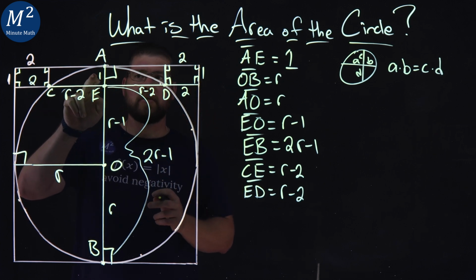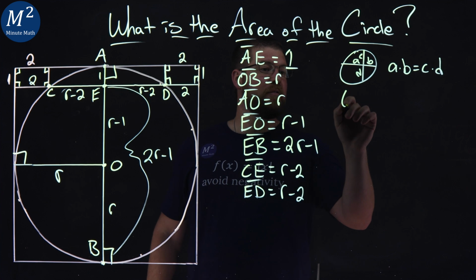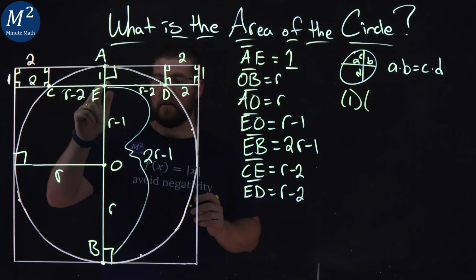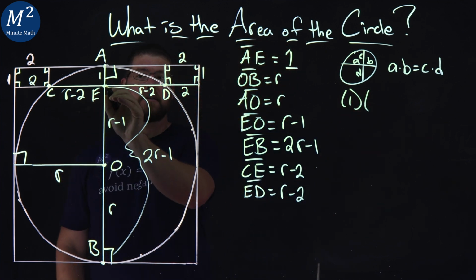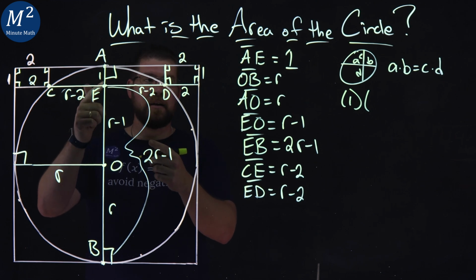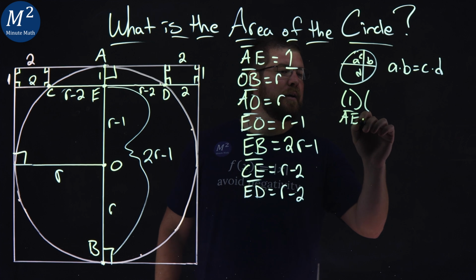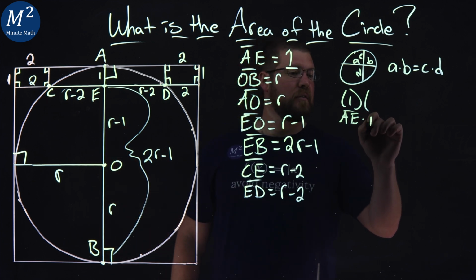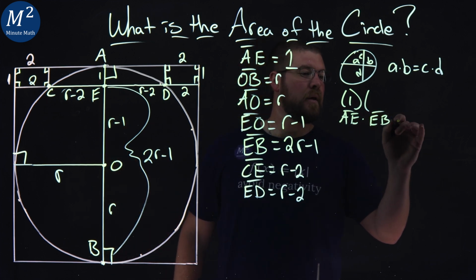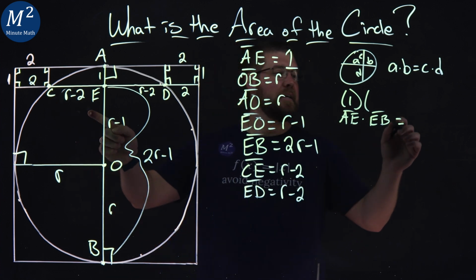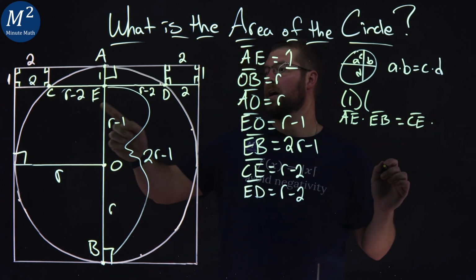So we have AE, which is 1, times the next part of the chord, EB, is equal to CE times ED.